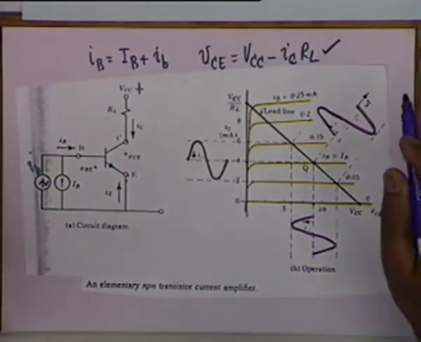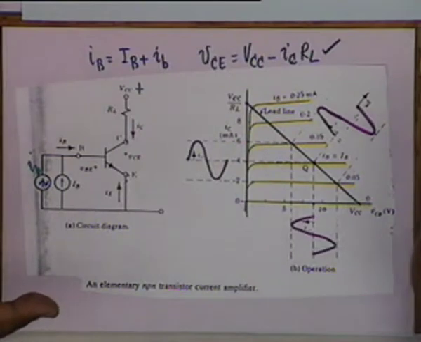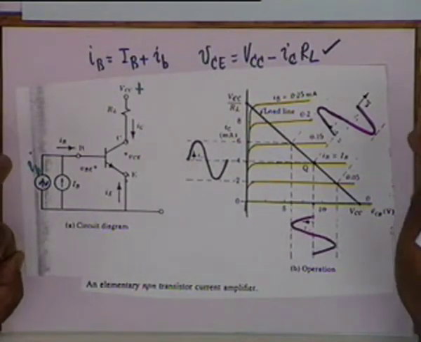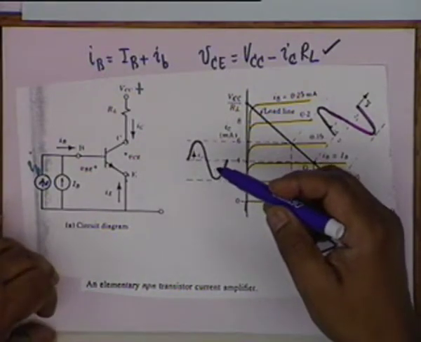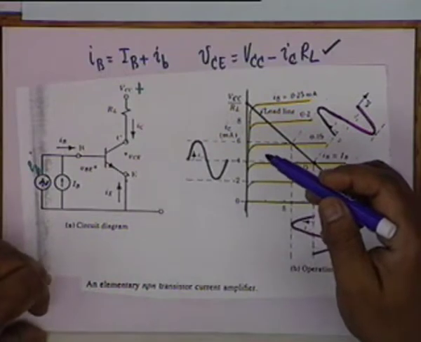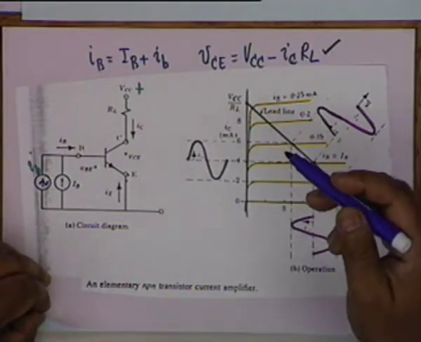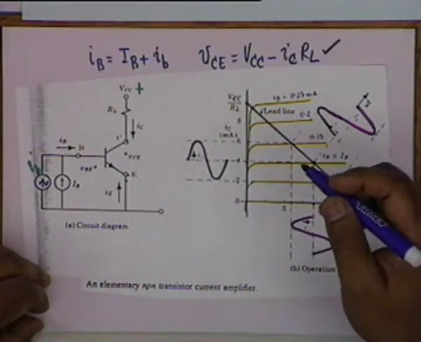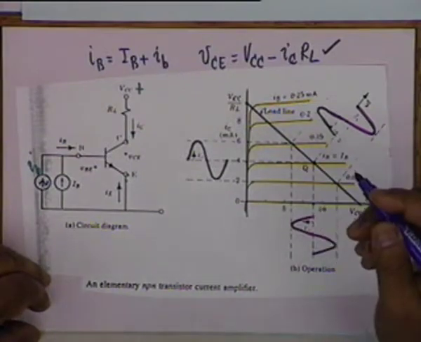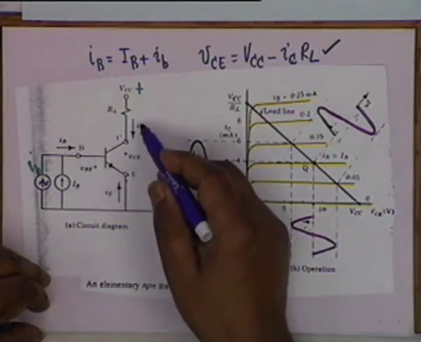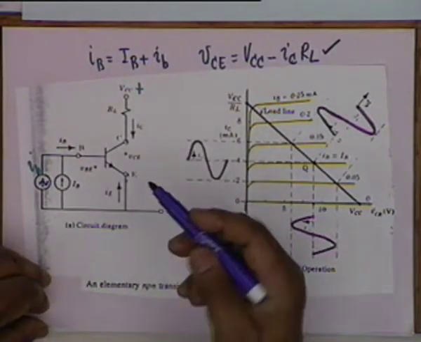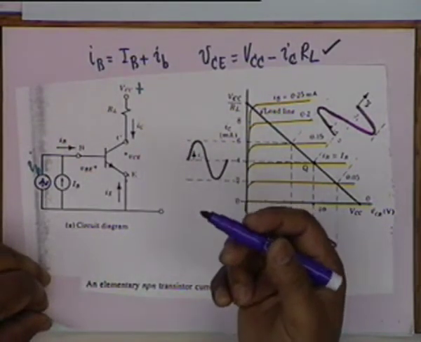So when the base current goes through a peak to peak variation of 0.1 milliampere, the collector current goes through a peak to peak variation of 4 milliampere, and therefore the current amplification factor is 40. All right. A small current at the base can produce a large current variation in the collector. So there is current amplification by the transistor.